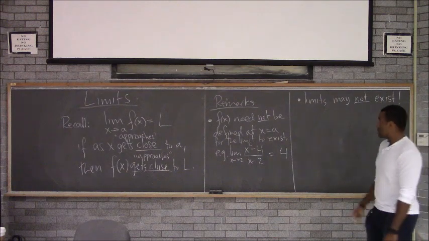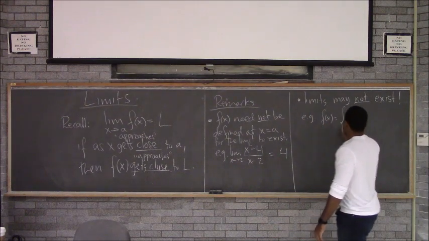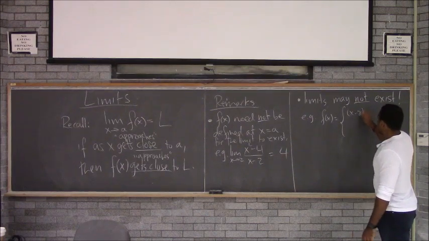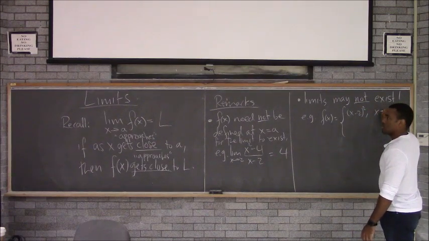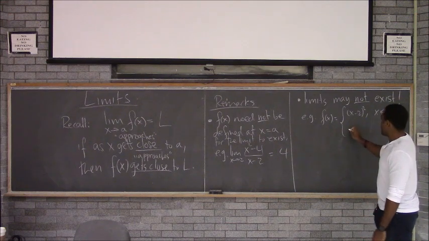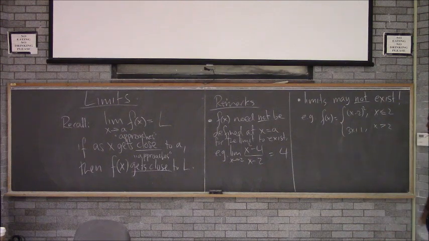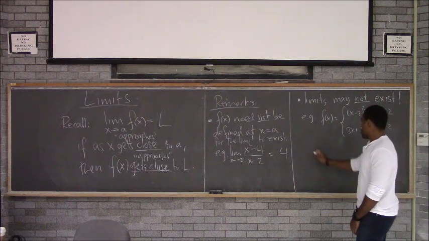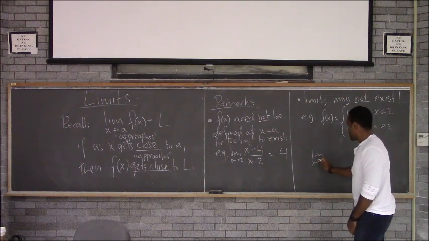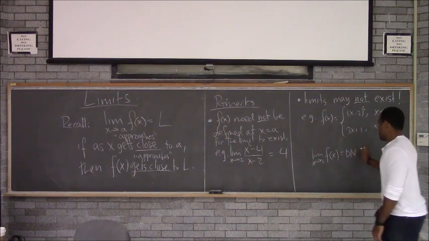It's possible. So we actually did an example here where we had a function, I believe it was x minus 2 squared, when x was less than or equal to 2, and it was like 3x plus 1, and x was greater than 2 or something similar to that. And I asked what was the limit as x approaches 2 of the function, and we found that that did not exist.